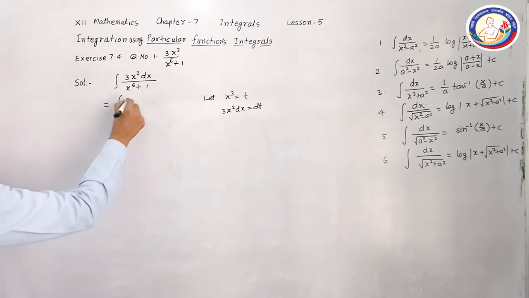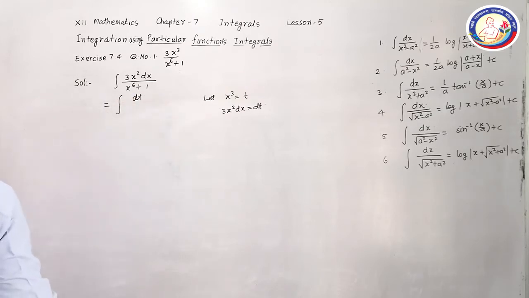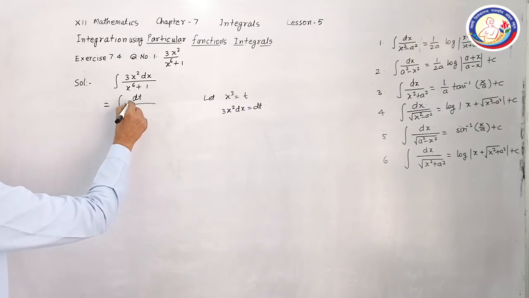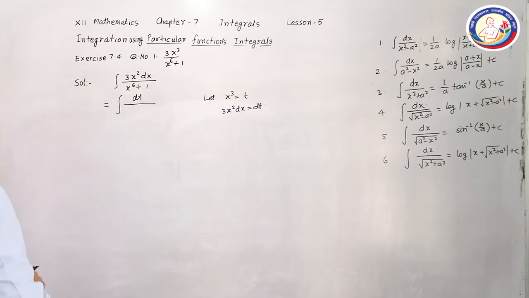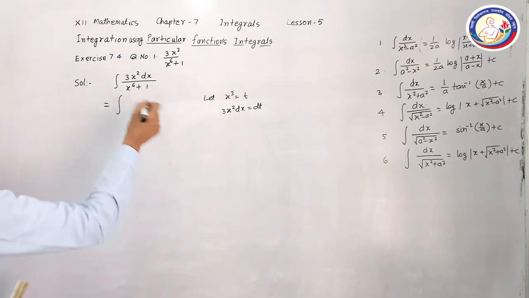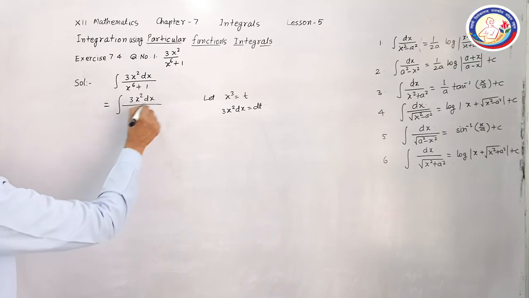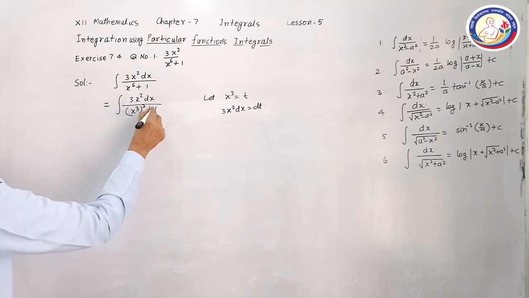It will be dt in the numerator, and before this we must write the denominator like this: x cube whole square plus 1.